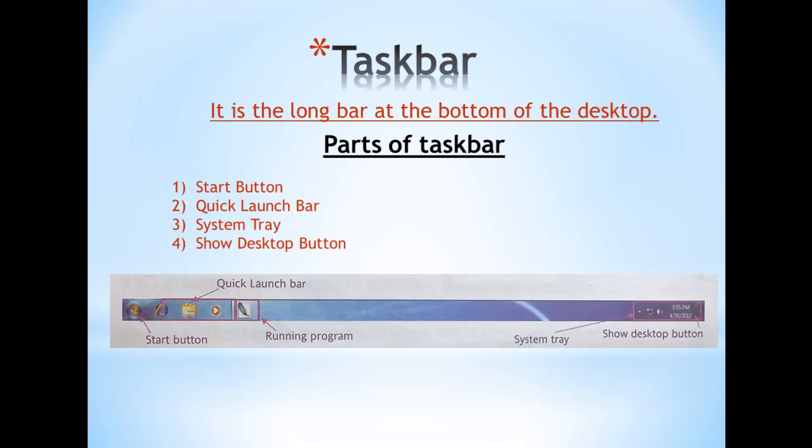Now, what is the taskbar? The taskbar is a long horizontal bar at the bottom of the desktop. It is the access point for programs displayed on the desktop. Even if a program is minimized, we can see it on the desktop in the taskbar.